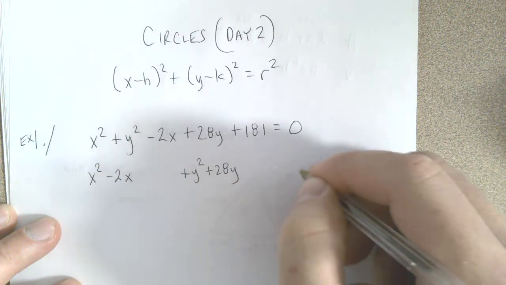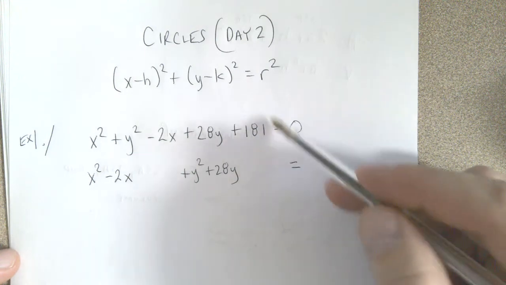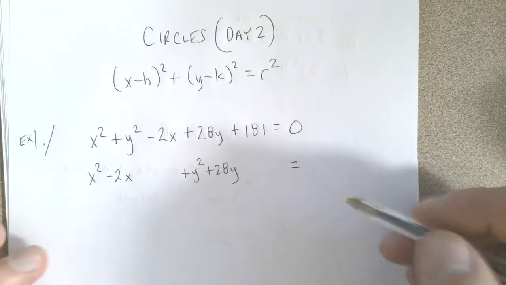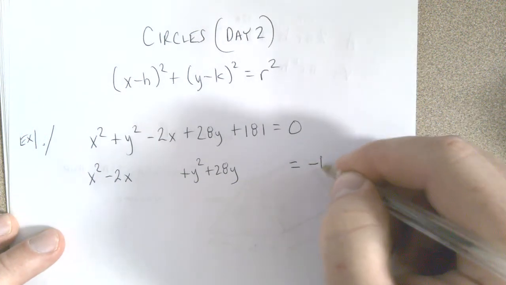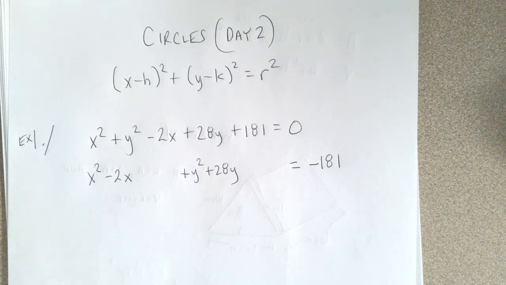I'm going to leave a space. And I'm going to take the constant value, which is my 181, and I'm going to move it over to the other side. So that makes it a negative 181. So step one is get all the x's together, all the y's together, move the constant to the right.